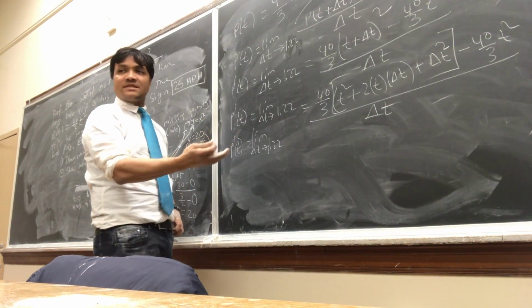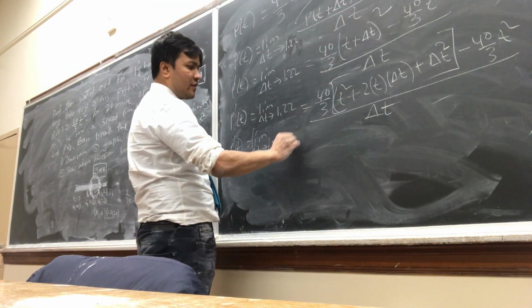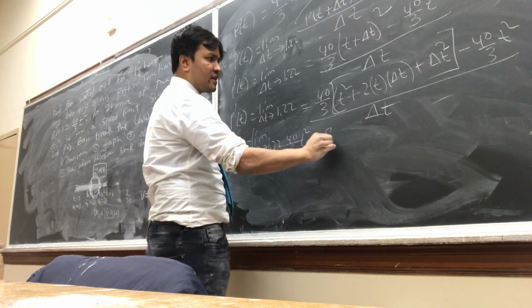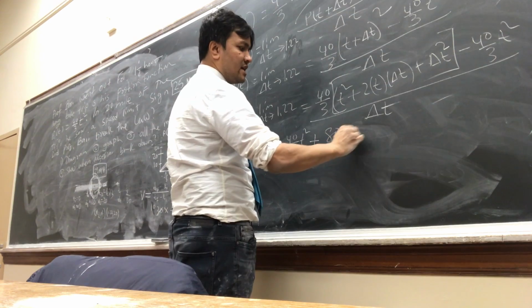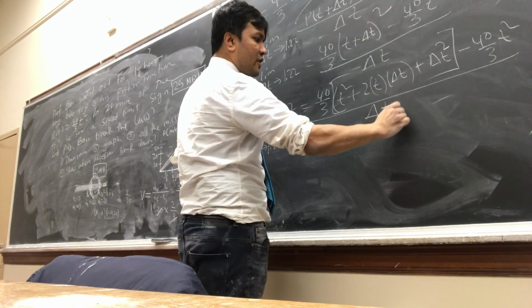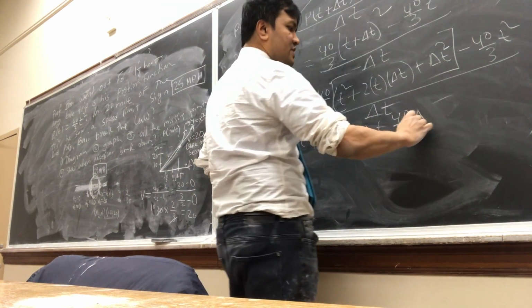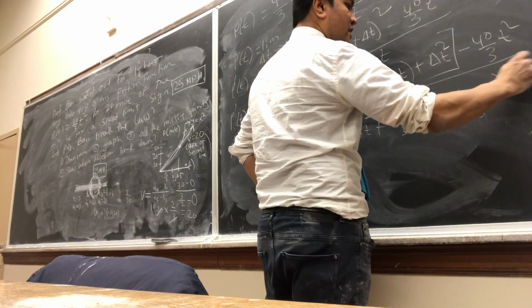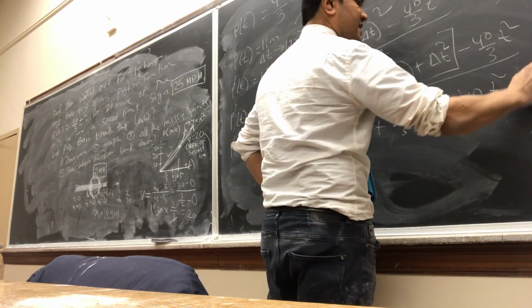You distribute 40 over 3: 40 over 3 t squared plus 80 over 3 t delta t plus 40 over 3 delta t squared, minus 40 over 3 t squared, over delta t.